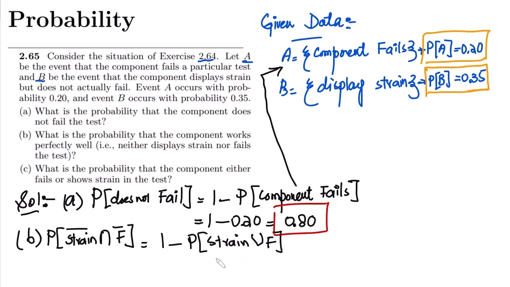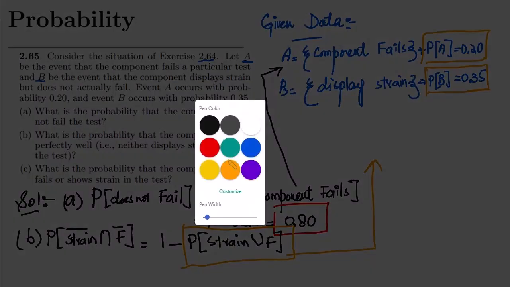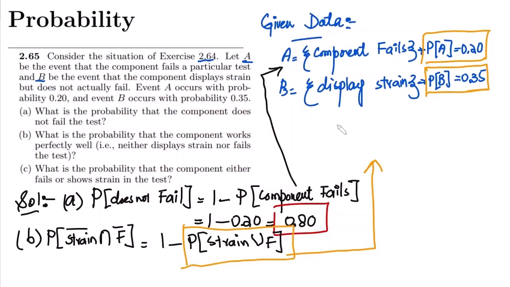Okay, so how to find it out? We have here, let me take it. So we have here this one, and how can we find it out? Let me write it here, and by writing it here, the probability of strain or failure will be the probability of strain with S, let me represent strain with S, plus the probability of the failure.